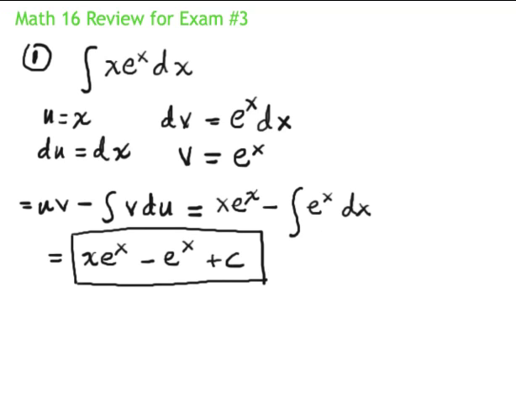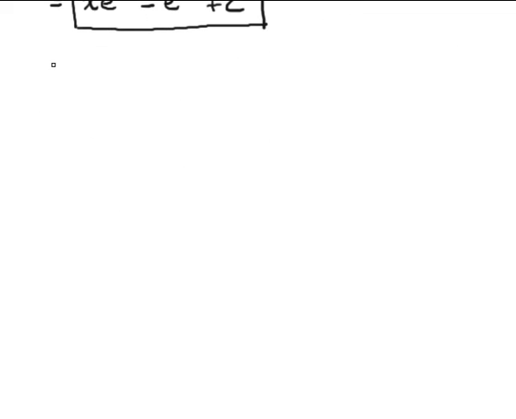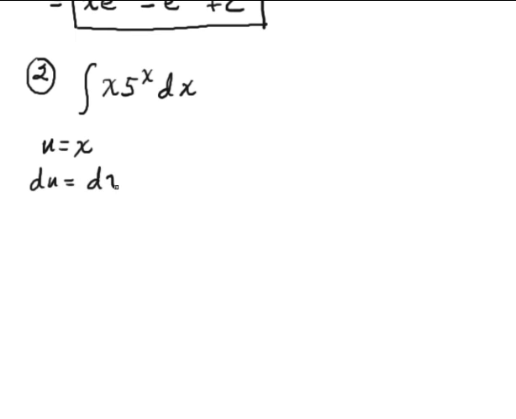All right, our next problem is similar to this one, very similar actually. So we have the integral of x 5 to the x dx. And again, we're going to put u equal to x because du is dx, so that sort of simplifies, gets rid of the x pretty much.